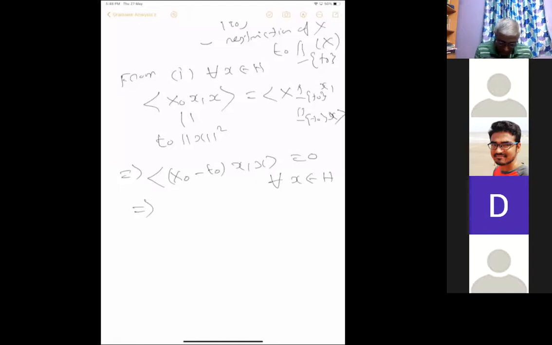So this implies x naught minus t naught x equals 0. What am I trying to do? Let me write it in a different way.